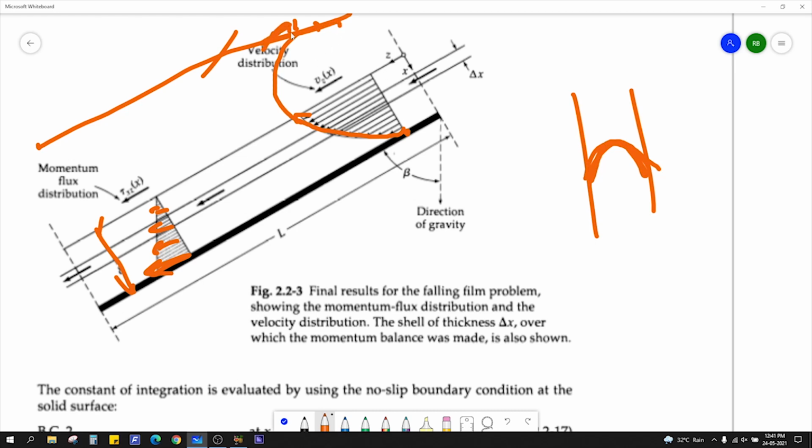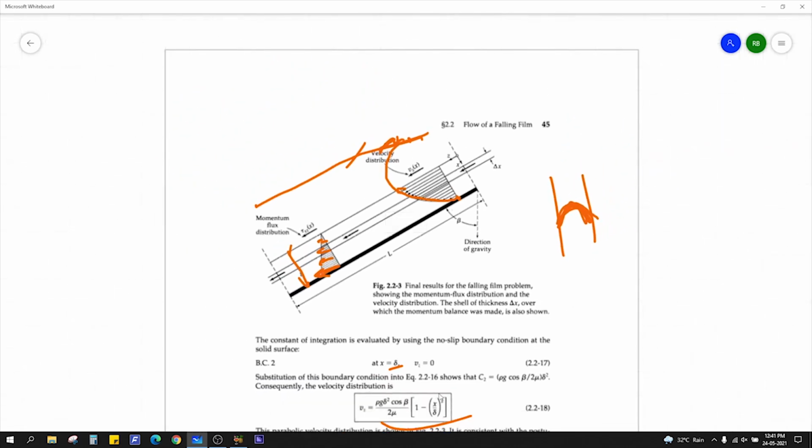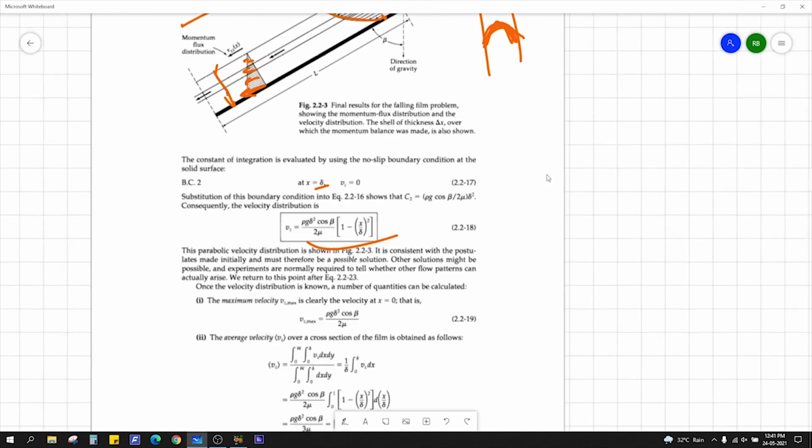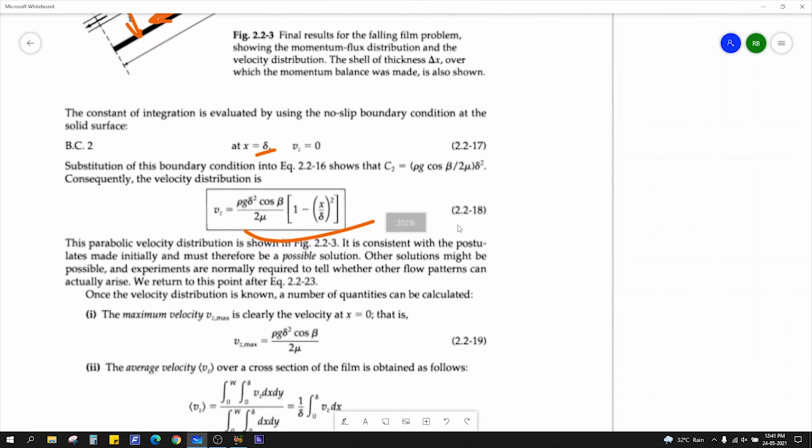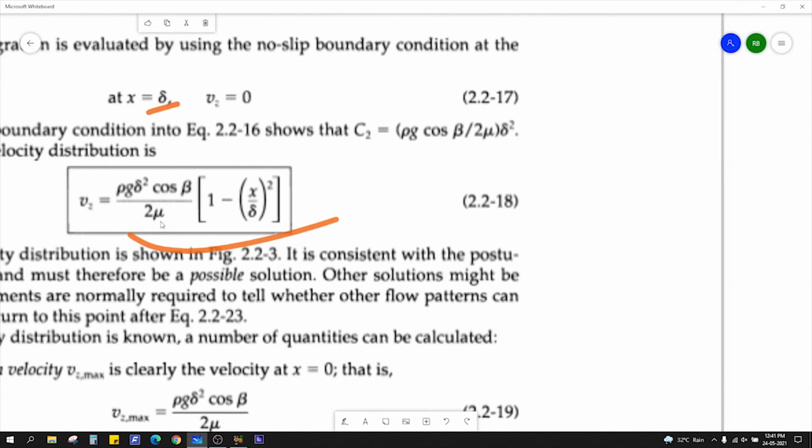Because there is no wall here, we have only half a parabola. We'll see in flow through a pipe, you will definitely obtain a parabola like this. Okay, so we have got the Vz. That was your purpose, to plot shear stress and the velocity profile. Now you have got it.